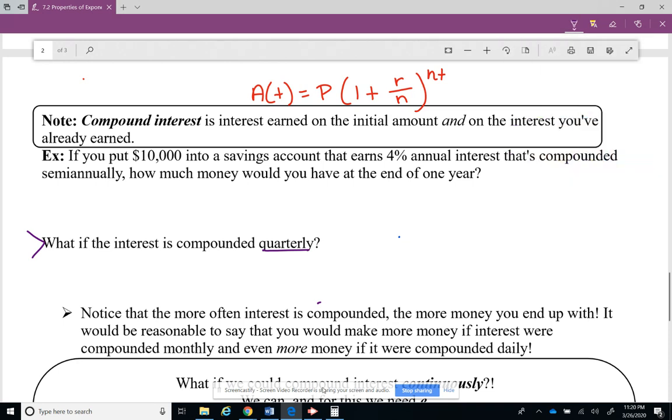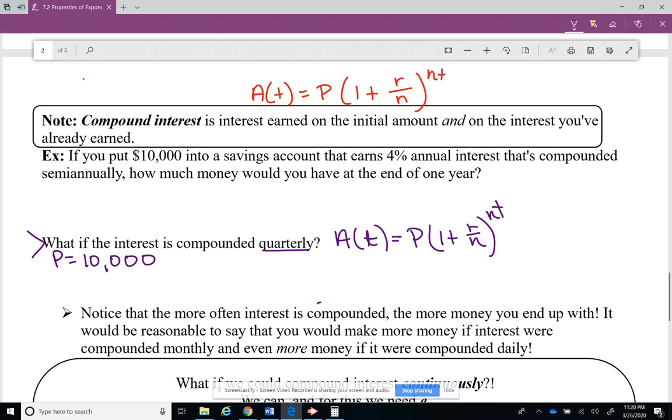So we're going to do A of t equals the amount that I'm going to have at the end of however much time. Principal multiplied by 1 plus the rate over the number of times it's going to be compounded, to the power of n times t. All right, so let's start with, what's our principal? Well, it's the same thing we just did, so it's 10,000.